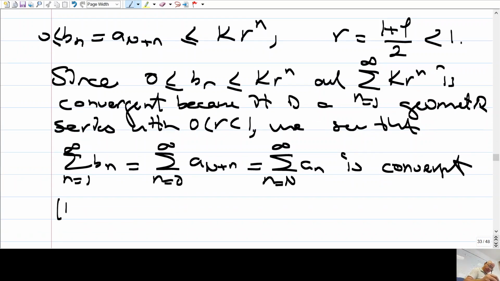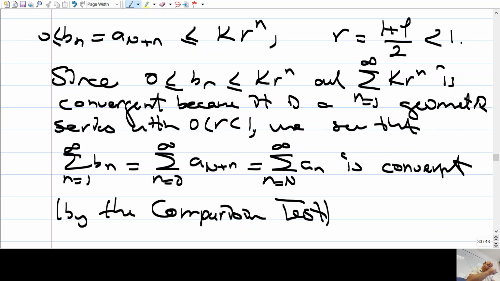This is by the comparison test, right? This thing is less than k times r to the power n. This is convergent. Therefore, this is convergent. But the sum of b_n's is nothing but the tail of this series, and it is convergent. The tail is convergent. Hence, this is convergent.